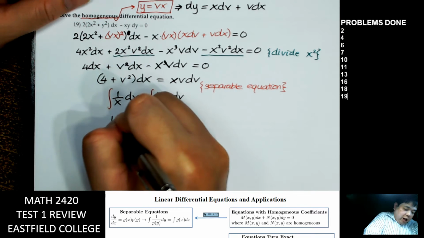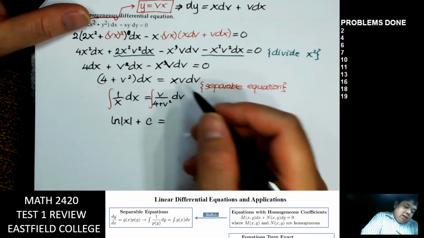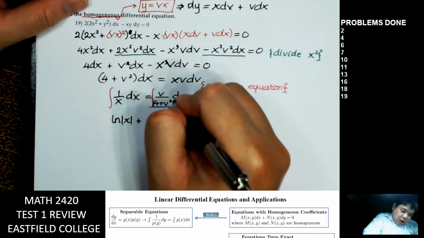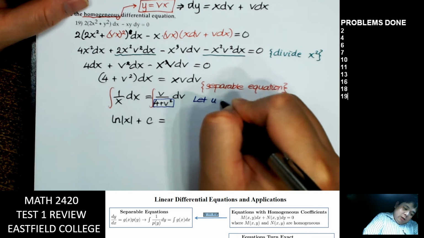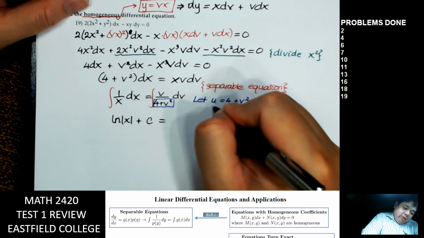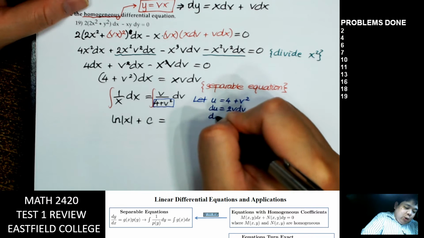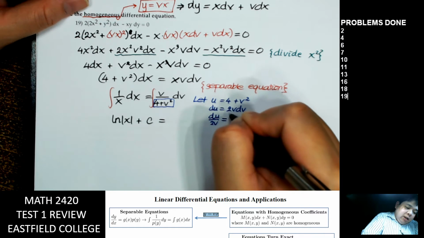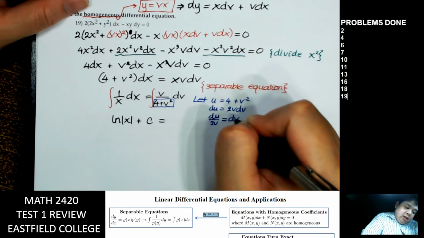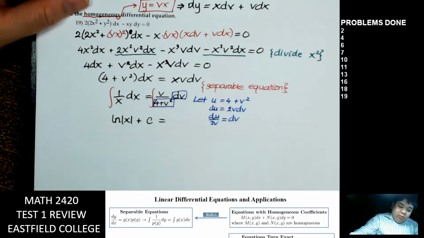That will give us ln of the absolute value of x plus c, and for this we're going to use a substitution. Let that be u, so we have du is 2v dv, and du over 2v is dv. Substitute everything in, including that for u and that for dv.